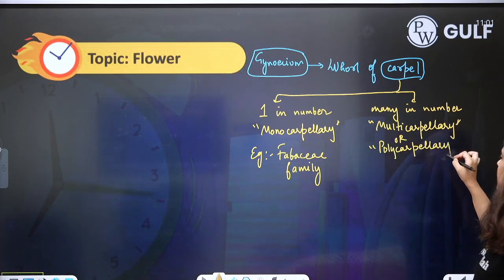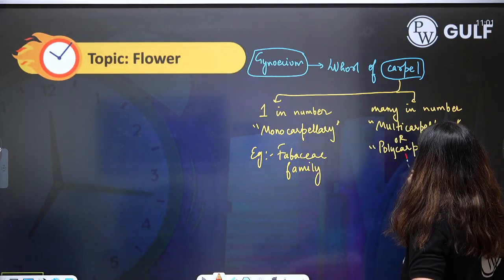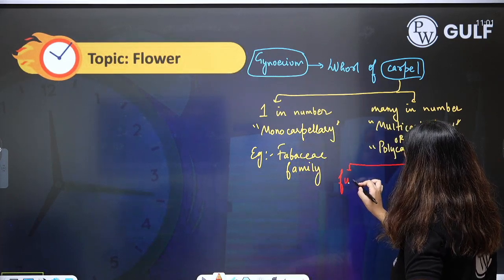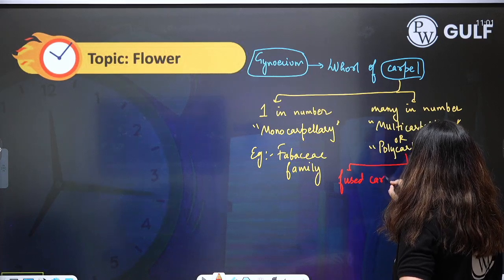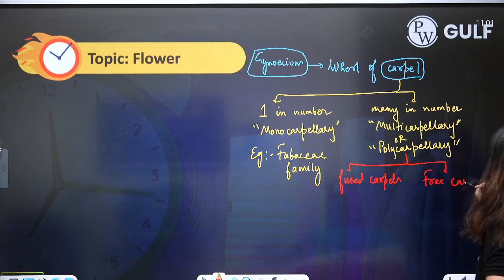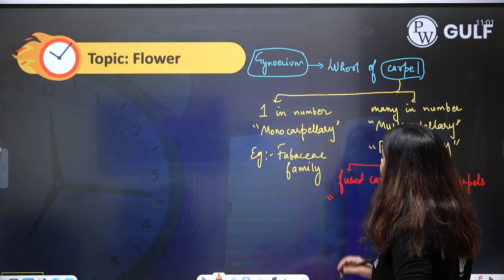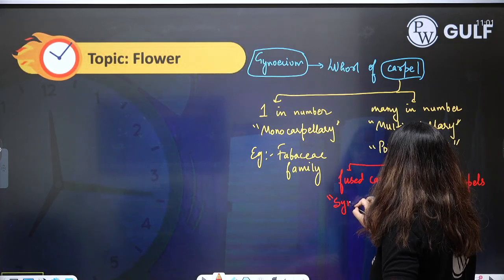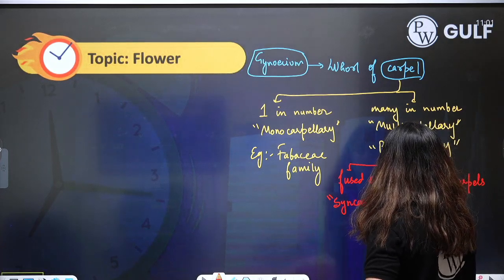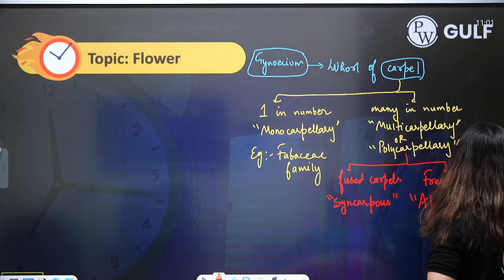If there are many carpels, there are chances that they are fused to each other or they are free. Fused carpels and free carpels. When carpels are fused together, it is known as syncarpous condition. When they are free from each other, it is known as apocarpous condition.